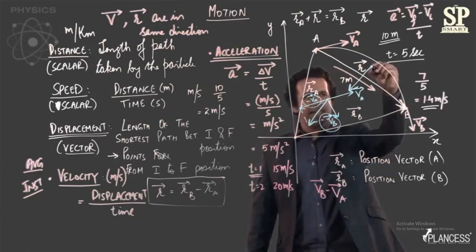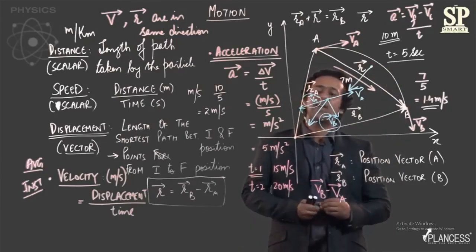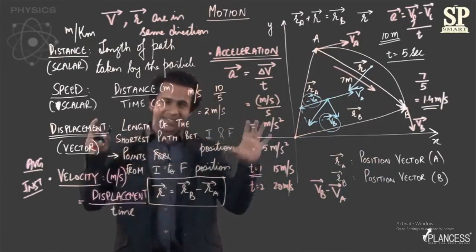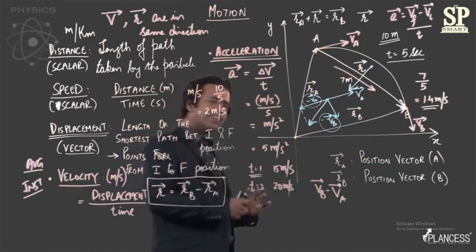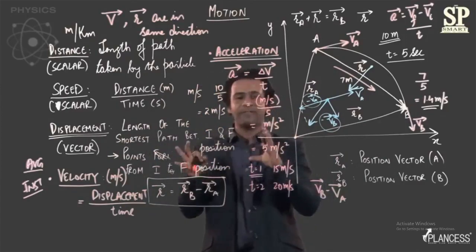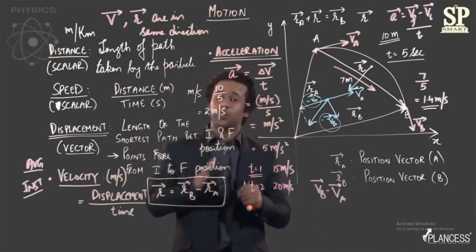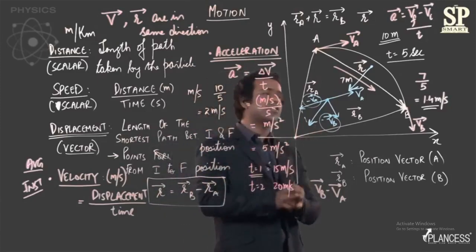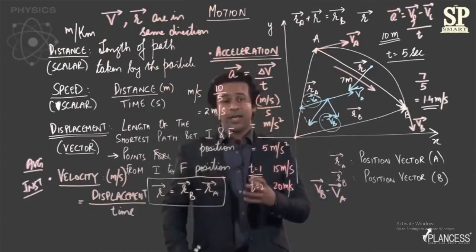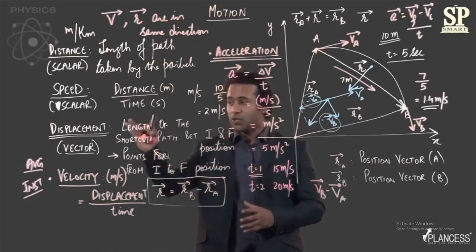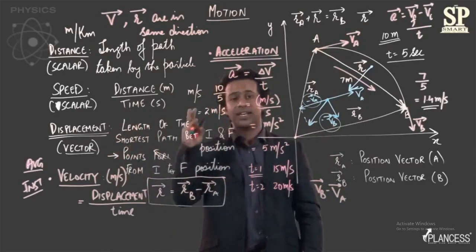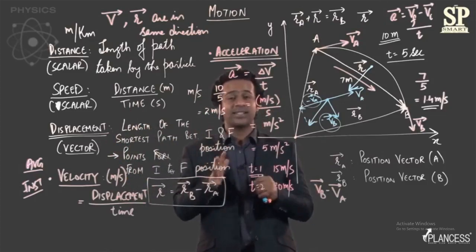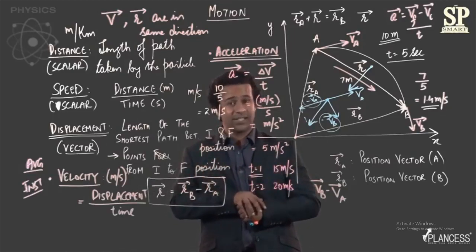Now, this is again something which you will understand better as we move along. The idea behind this discussion is to understand the fundamental parameters, these 5 parameters which are used to describe motion. And the idea of discussing this on this graph is that you should visualize these quantities, displacement, velocity and acceleration, as vectors, and it is very crucial that you understand that all of them have directions.